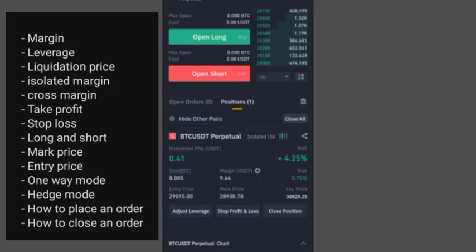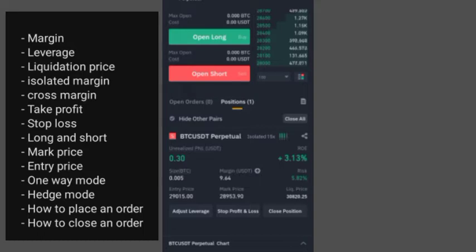In actual sense, the actual value of that Bitcoin should be up to $400 to $500 or thereabout. But I'm using $9 to control this size of Bitcoin. That is enabled by the leverage I'm using. I'm using 15x. If I use 20x here, then this amount of Bitcoin will be increased.